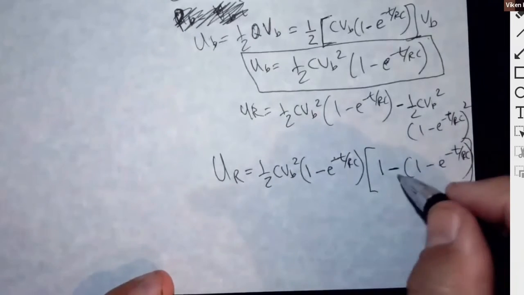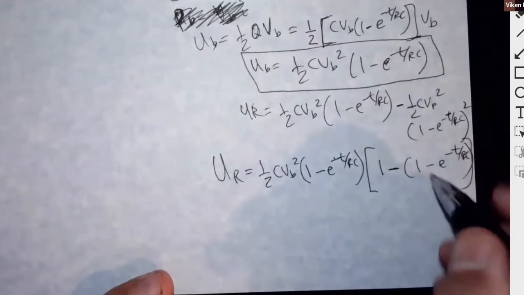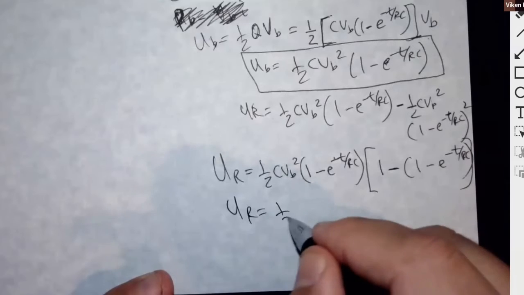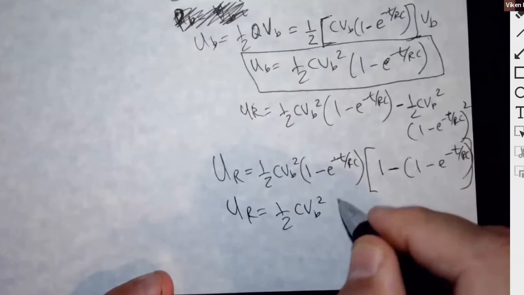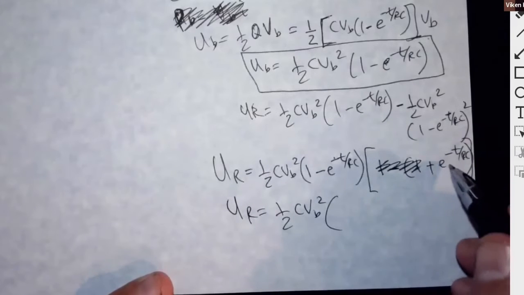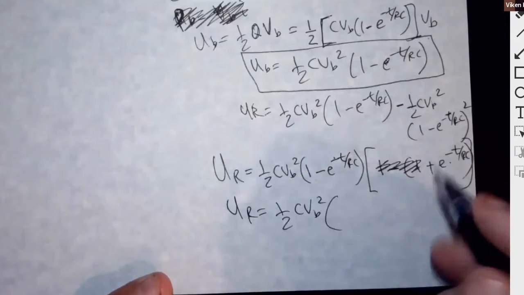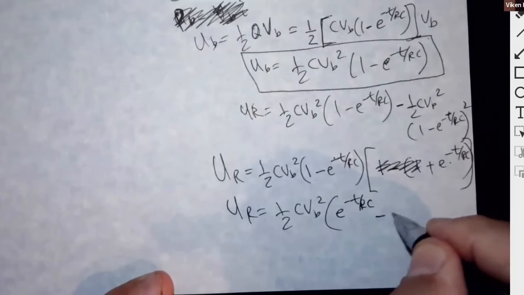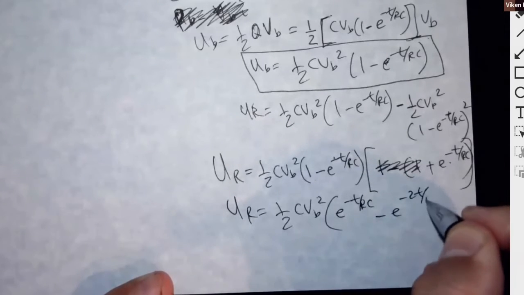And now you have to cancel this. So you basically get energy of the resistor, half CVB squared, and this cancels, and then this turns into a positive. Then I could take this, put it in here, minus e to the minus 2t over RC.